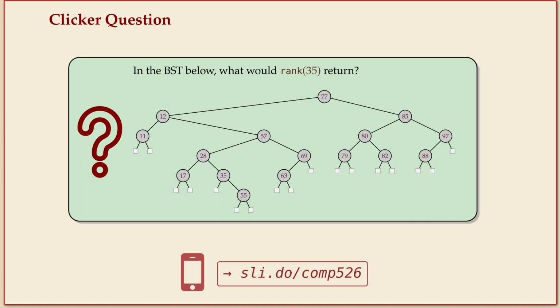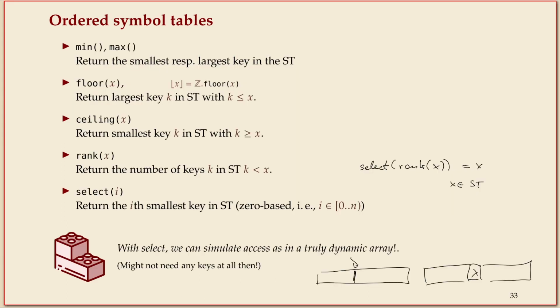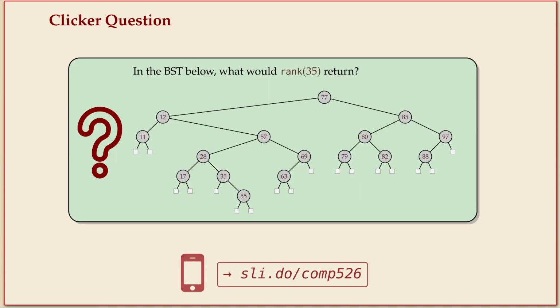So the only thing to remember is that rank returns the number of elements that are strictly smaller, which is another way of saying it's zero-based. The smallest element has rank 0. So if we do this here, remember we project elements down, then we get some sorted list.